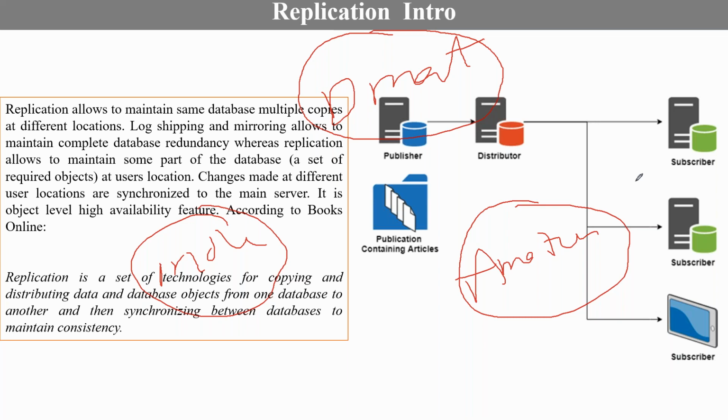In this database, you have a hell of a lot of data objects, sir. Smartphone is one object. Laptops are one object. Tablet is one object. So we have many objects in those databases.